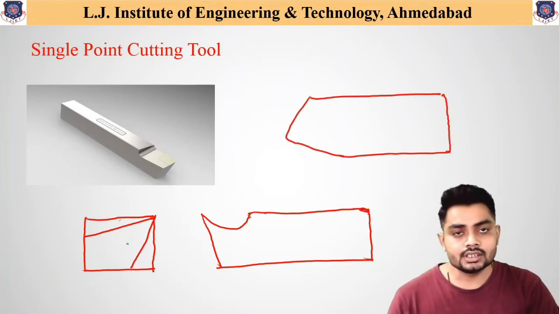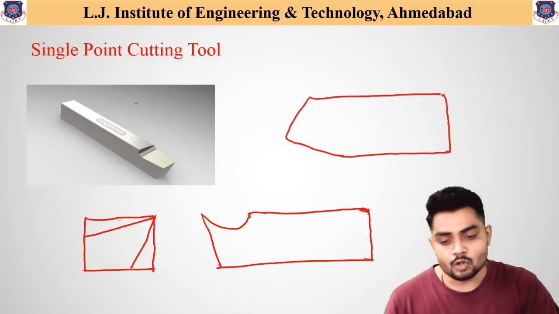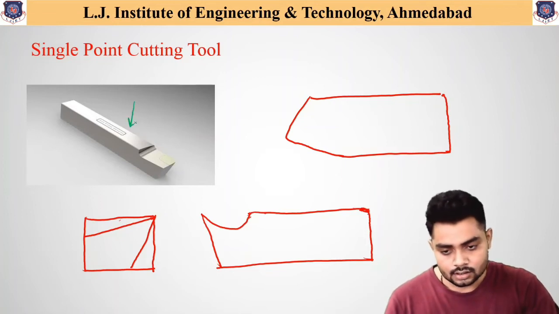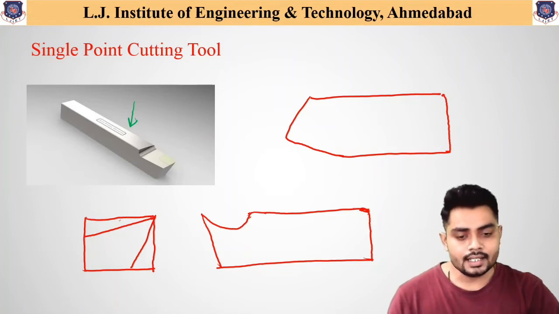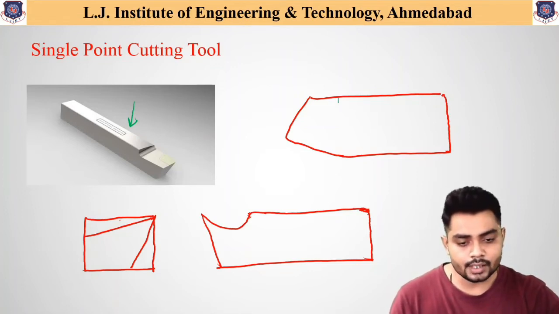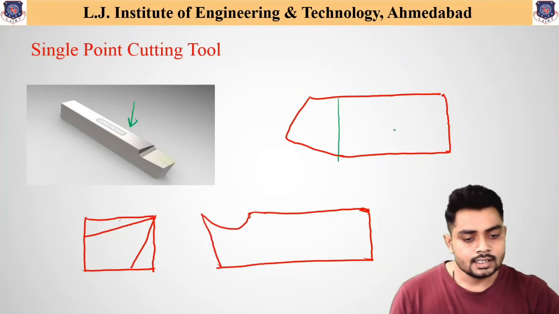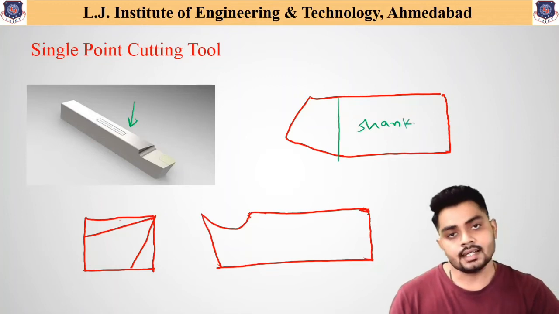Now if we consider the top view, let us see the figure. This is the portion that you can see from the top. In the case of top view, if we simply list the important parameters, first this back portion helps to hold the tool, and that's why it is called as the shank.